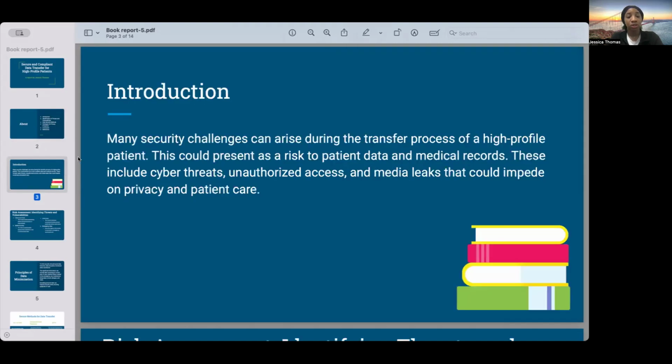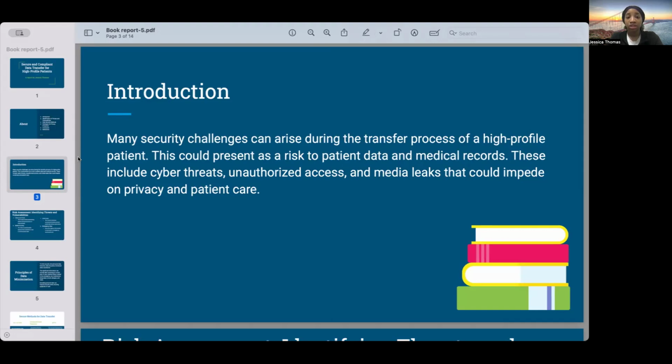For my introduction, basically, many security challenges have the potential to arise during a transfer process, especially with high-profile patients. Media is involved, external parties are involved, and there's potential for unauthorized access to occur. This could present a risk to patient data and medical records.